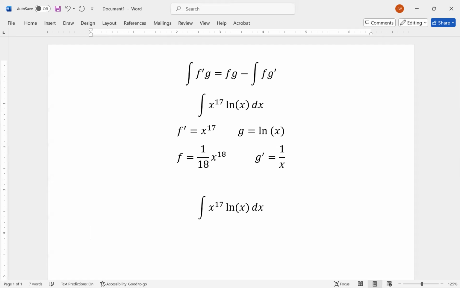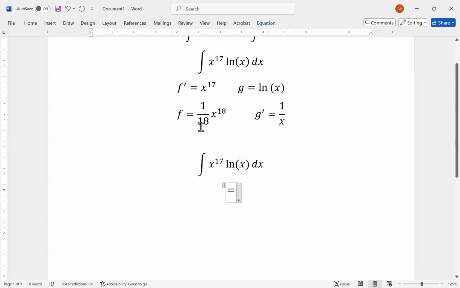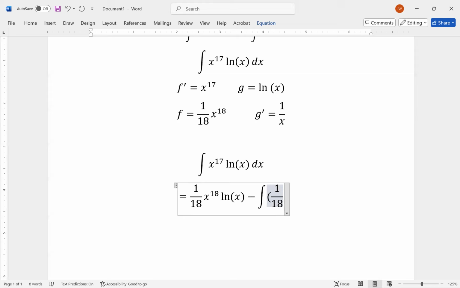So that means my integration is going to be equal to f times g, that's 1/18 times x to the 18th power, multiplied times natural log of x, minus integration f times g prime. I'll do the steps here. The f is 1/18 x to the 18th power, g prime is 1/x.